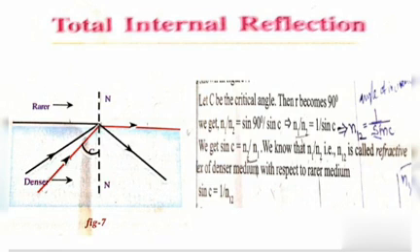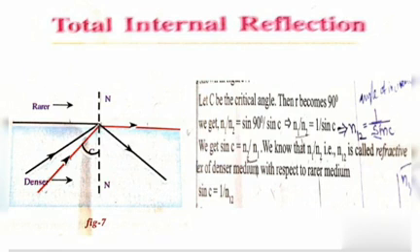So what is the principle? When light travels from one medium to another, it is the ratio of sine of angle of incidence to sine of angle of refraction.